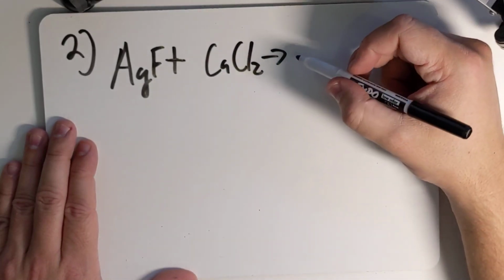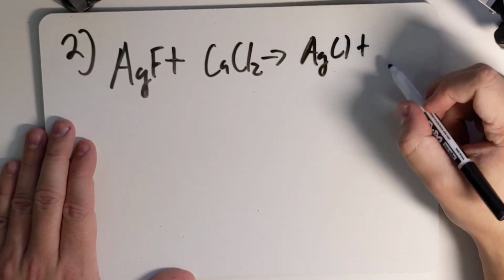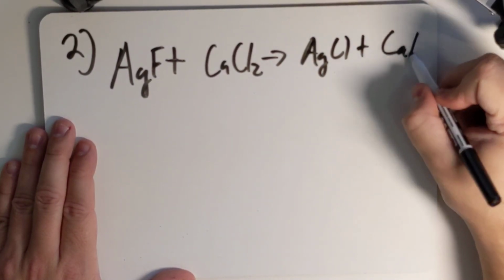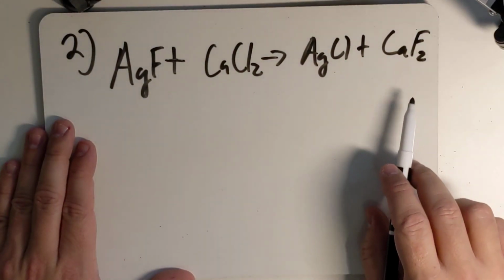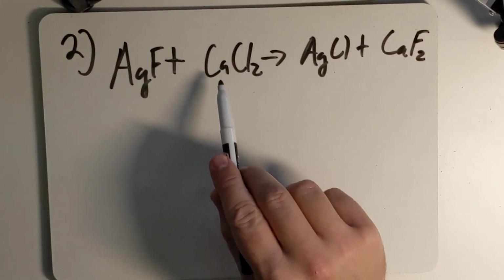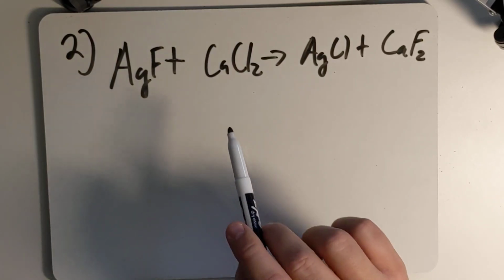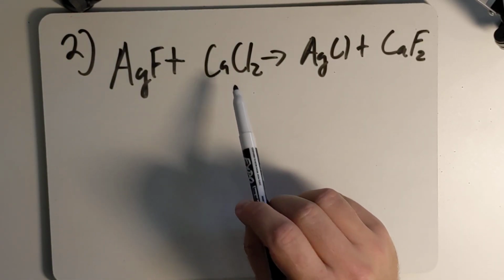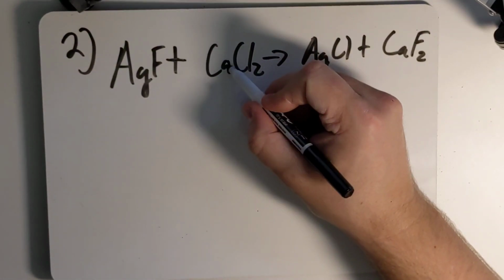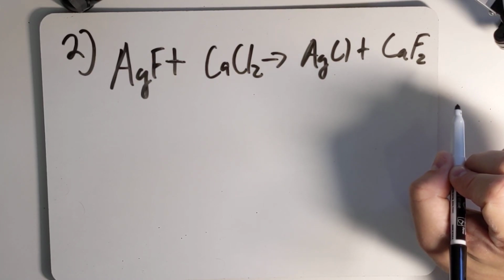Gives us AgCl plus CaF2. Let me just make sure I wrote that down correctly. Oh, and that's another thing. Whenever you're doing these, always make sure you wrote it down correctly, because if you do it incorrectly, number 1, you're talking about a molecule or element that you weren't dealing with in reality.